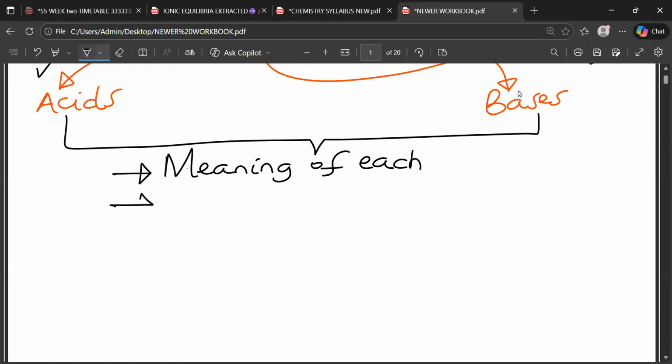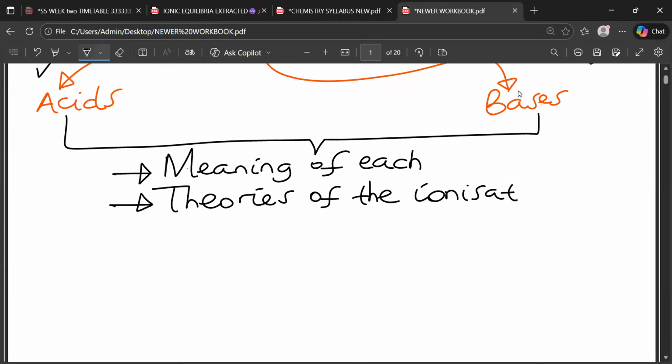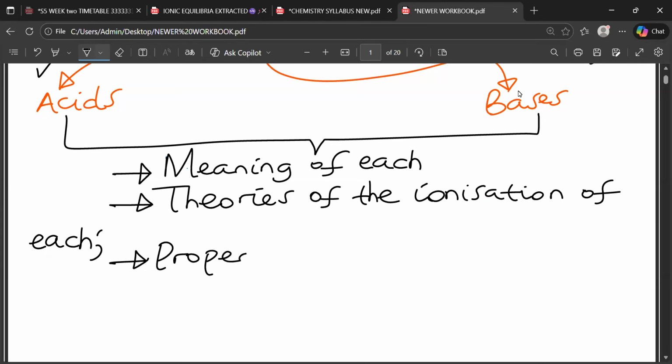Then after that, we can talk about the theories of ionization of each, and that's where the most chemistry is. Then we should find time and talk about the properties.